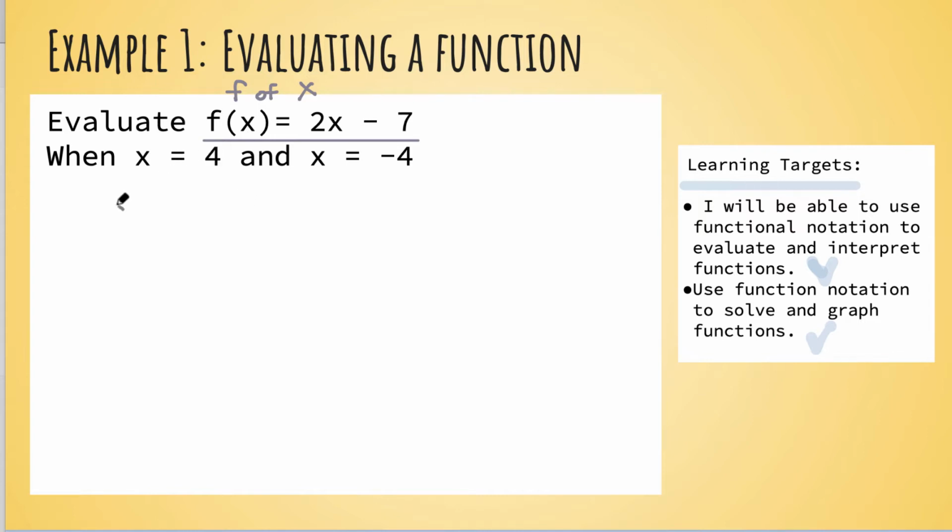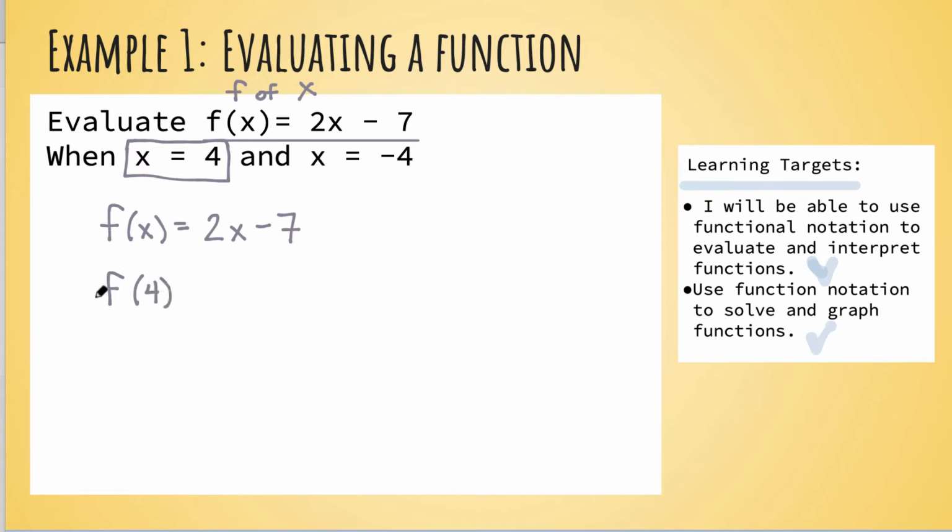So our equation, f of x is equal to 2x minus 7. In our first situation here, we have x equals 4, so we're going to substitute x equals 4. So we're going to look at f of 4.